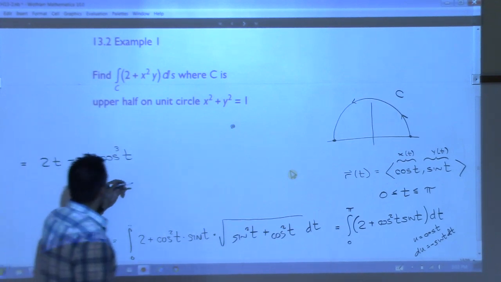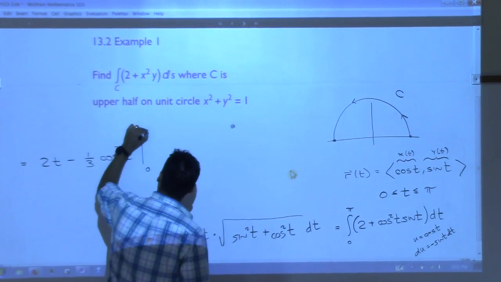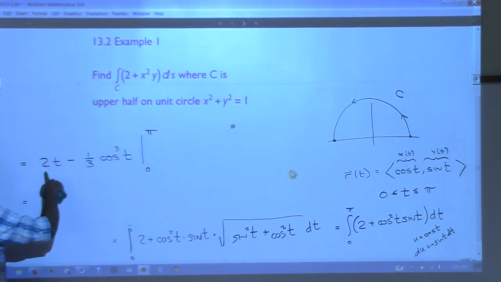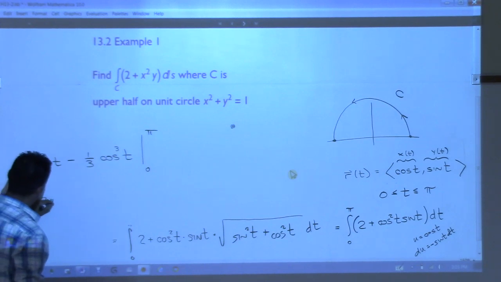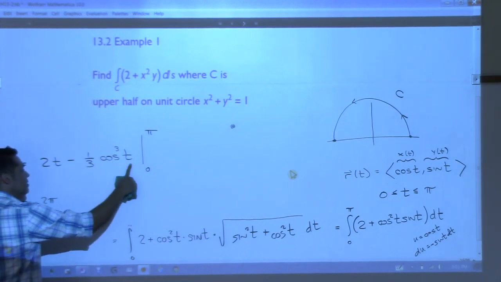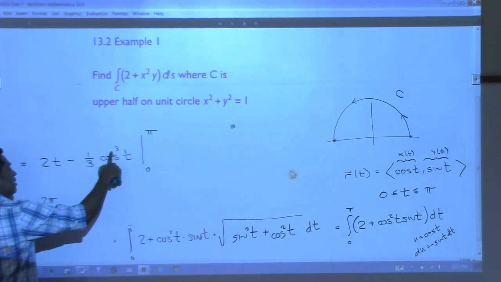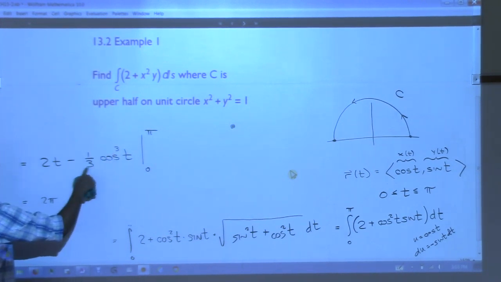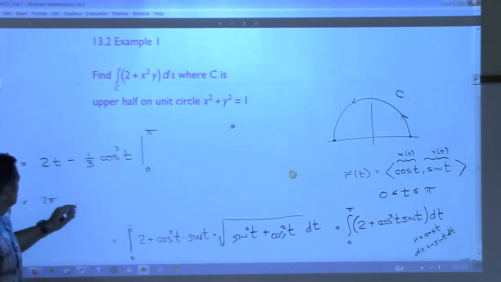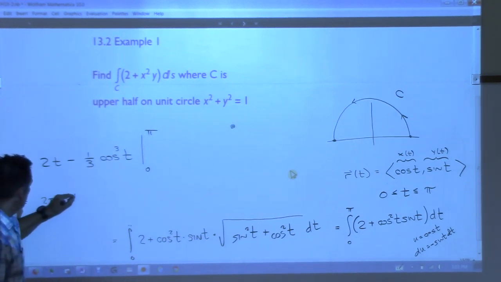And we're evaluating this from 0 to pi. So let's plug in pi first. 2 times pi, so 2 pi. What is cosine of pi? Should be negative 1, right? Negative 1 cubed is still negative 1. So minus a third times negative 1, so plus 1/3.